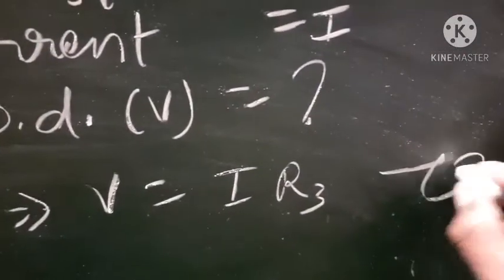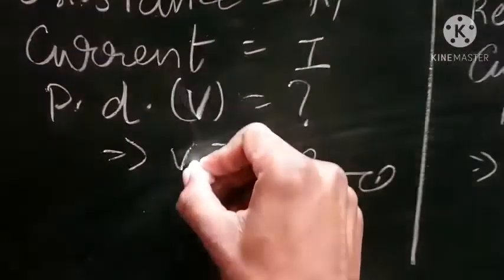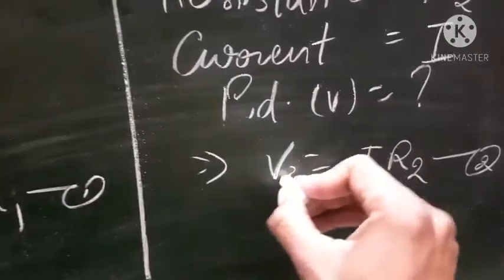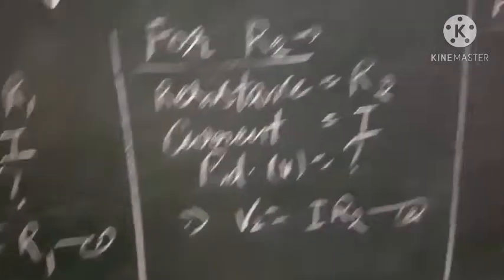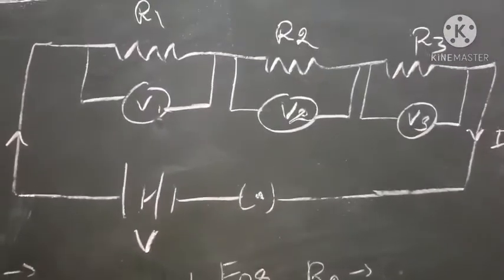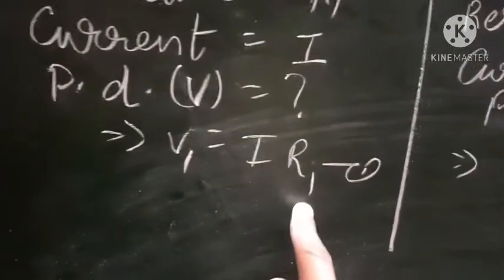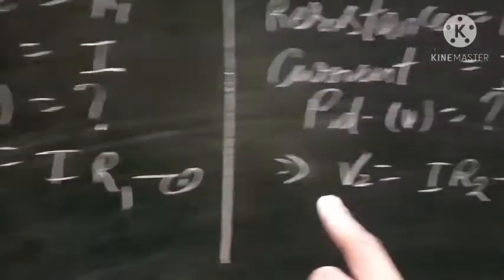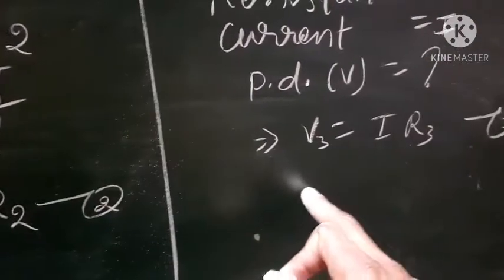Say it is equation number 3. Now we have V1, V2 and V3, because there are 3 voltmeters, V1 for R1, V2 for R2 and V3 for R3. So V1 has the value IR1, V2 has the value IR2 and V3 has the value IR3.